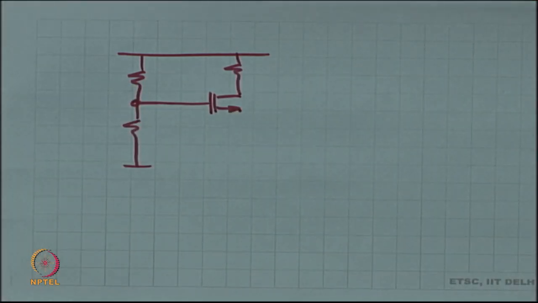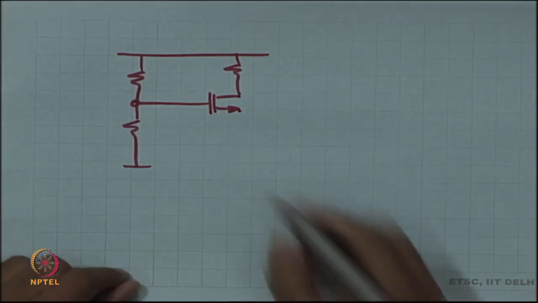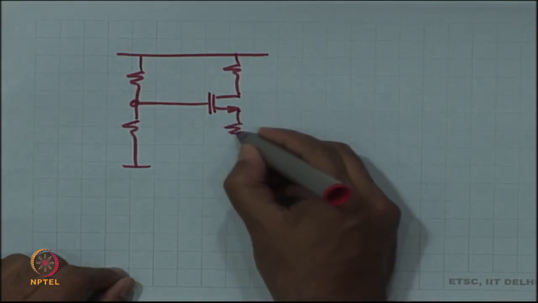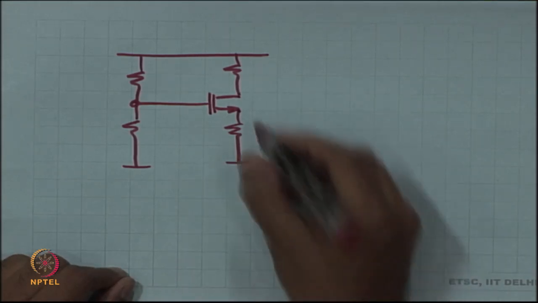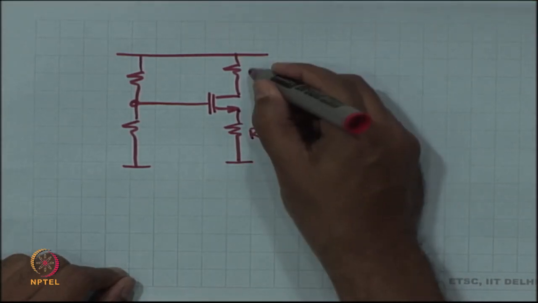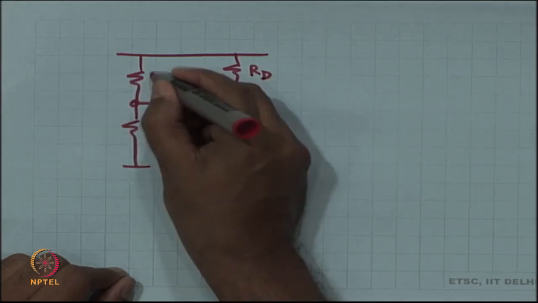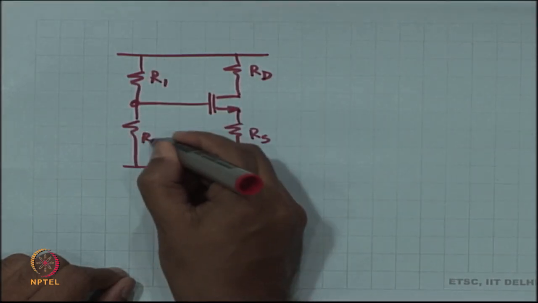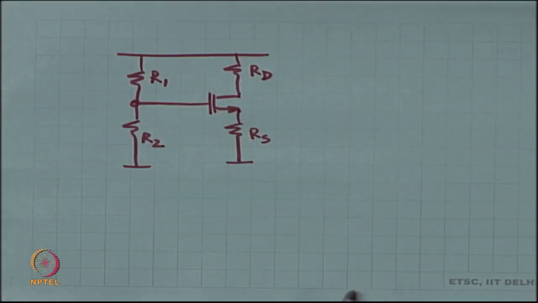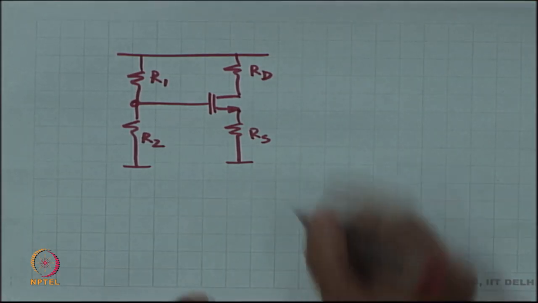And then we said that it is no good because ID is very sensitive to VGS. But then later on what we did was we placed RS over here and then you had to crank a quadratic equation to figure out what is the current ID.